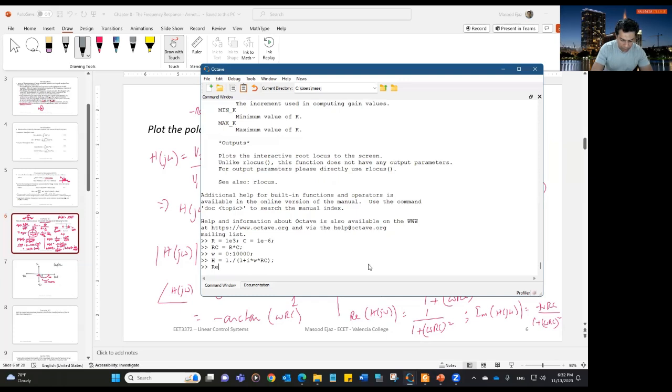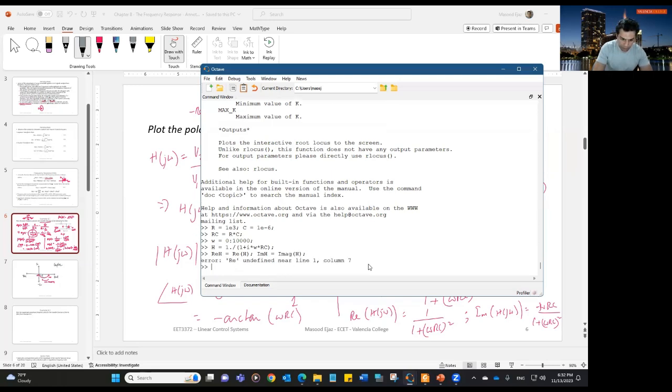You can calculate the real part. Real of H is equal to real of H, and imaginary part. Imaginary of H is equal to imag. Oops.